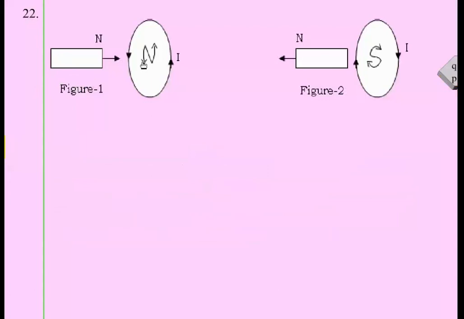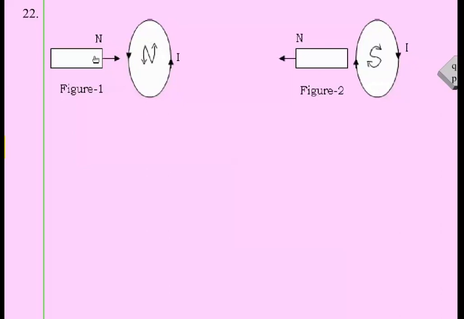First, consider this is the north pole of the magnet moving towards the loop. This is the loop of a conductor. When it moves towards the loop, EMF is induced, and that EMF induces current. That current produces a magnetic field in it, so that the face towards this magnet acts as a north pole.